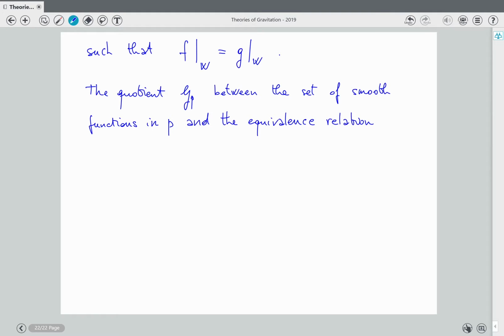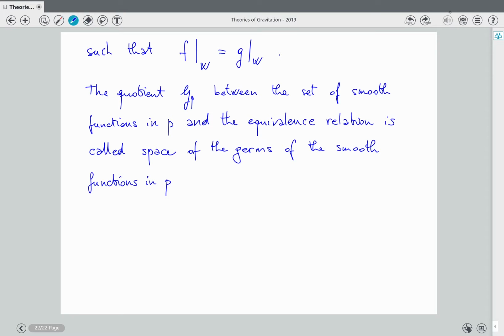And that quotient is called the space of the germs of the smooth functions in P, and that is denoted by G of P. So that's a space of smooth functions with an equivalence relation, basically, that tells you that two functions have to be identified if they coincide in any neighborhood, no matter how small, of P. So basically, it's like saying that they coincide in P with all their derivatives.